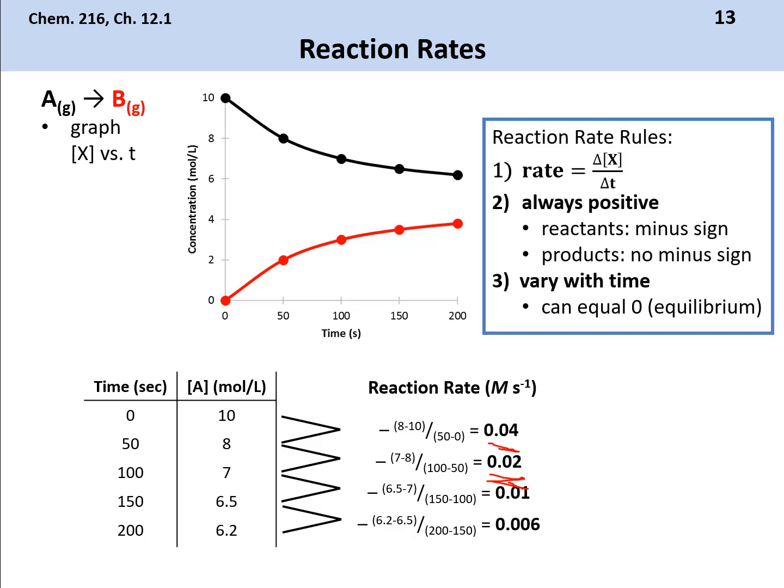And this is our rule number 3, that reaction rates can vary with time. And eventually, my reaction rate can even equal 0. This is something we call equilibrium. We'll talk about that in a couple weeks. Okay, so my reaction rates can vary.